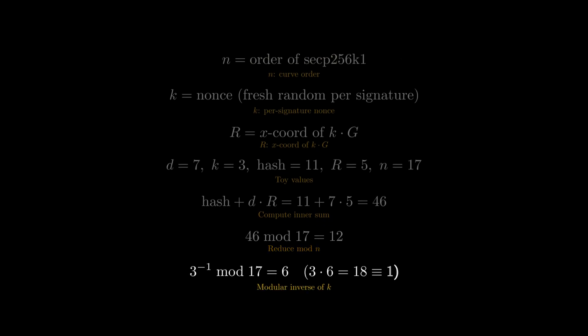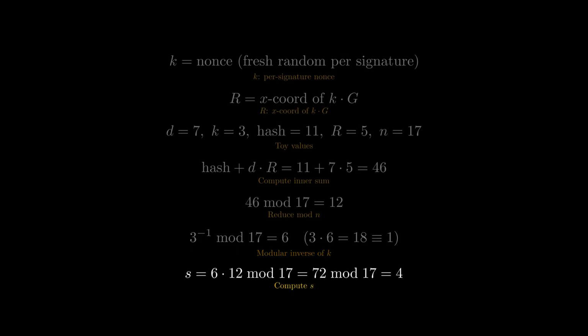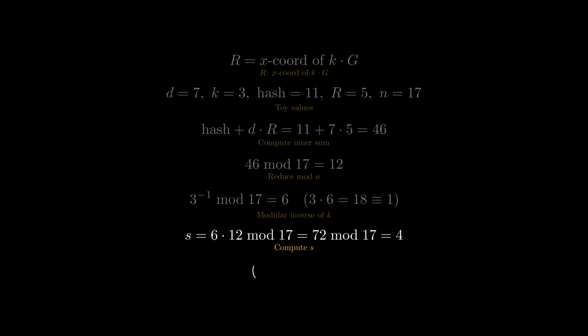Next, find 3 inverse modulo 17. Since 3 times 6 equals 18, which is 1 modulo 17, 3 inverse is 6. Finally, S equals 6 times 12 modulo 17, which is 72 modulo 17, equal to 4. So the final signature pair R, S is 5, 4.